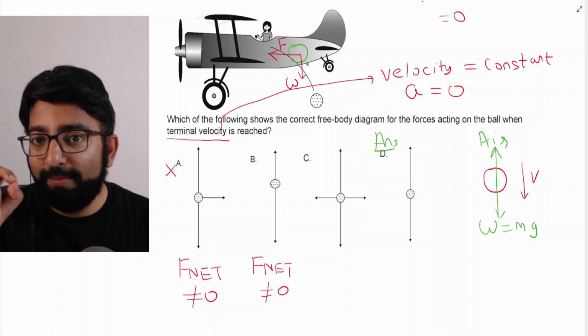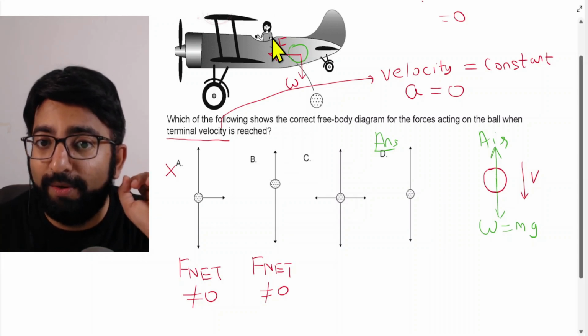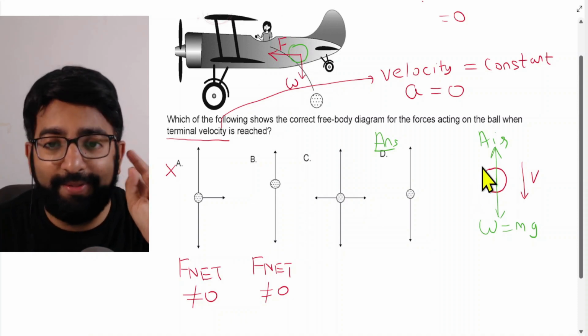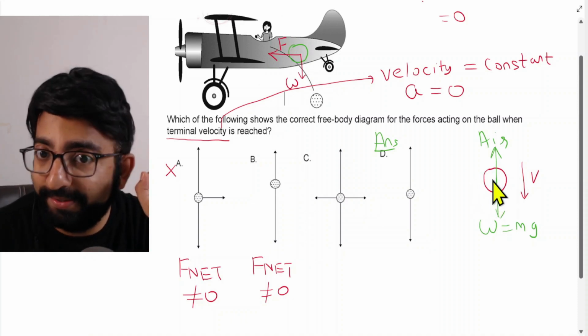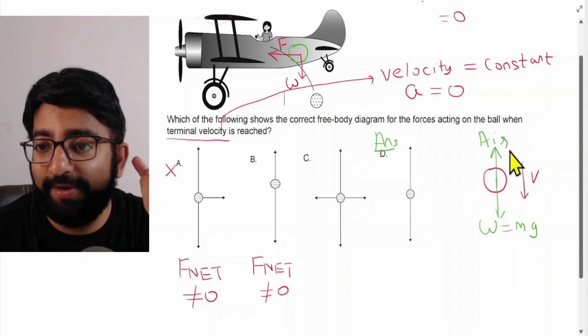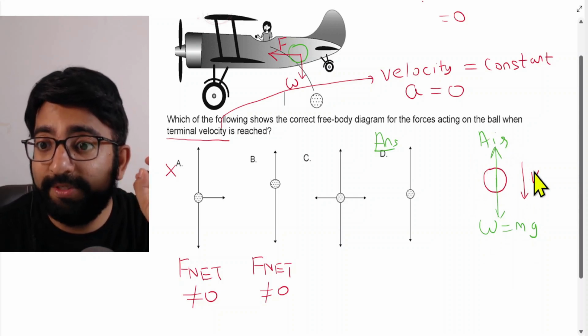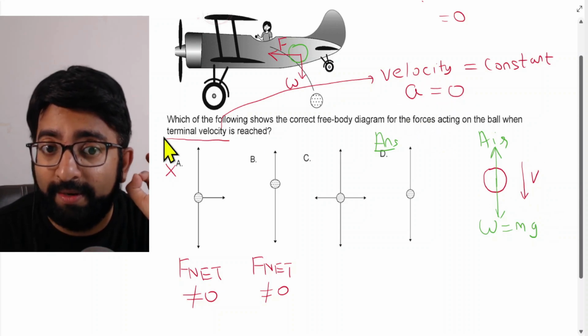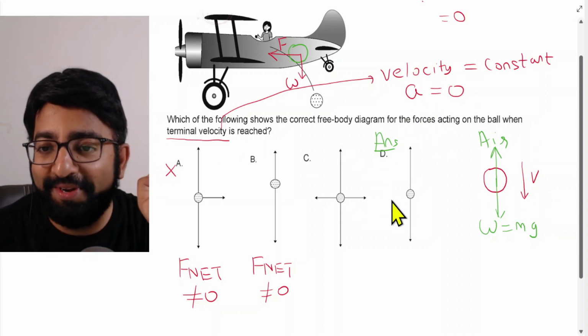So once the ball comes out, this F will no longer be applied on the ball. So, when the ball is outside, there are only two forces. One is the weight acting downwards, and then we have the air resistance, which have to balance out because remember, acceleration will be zero at terminal velocity. So, D is the answer.